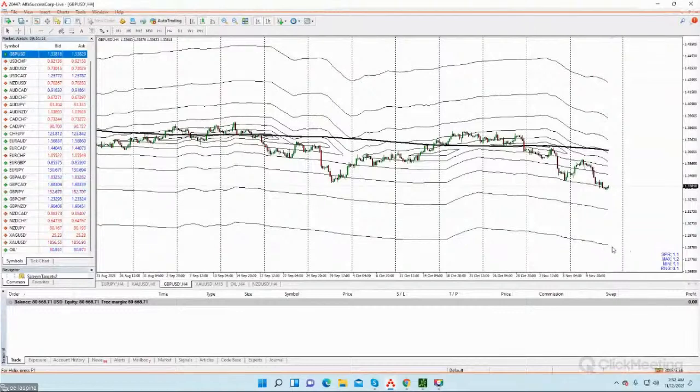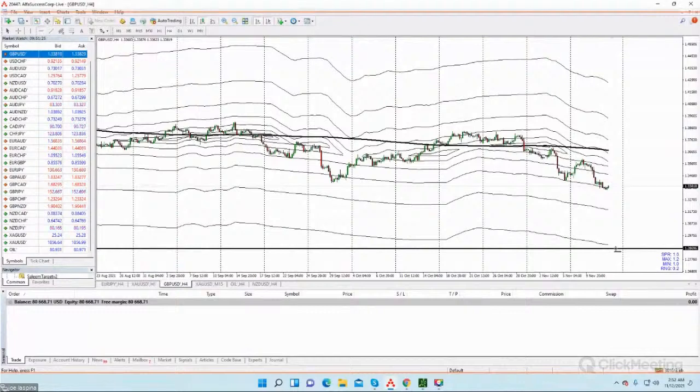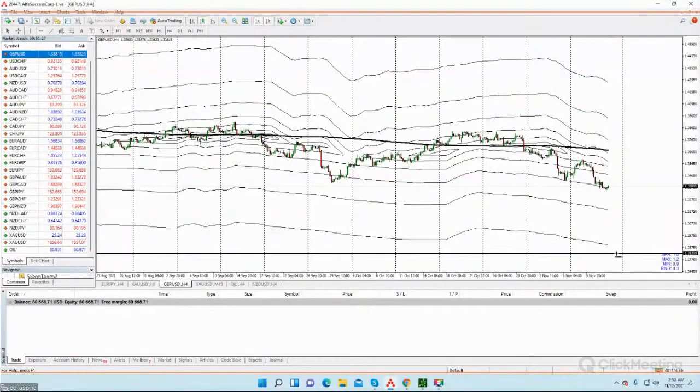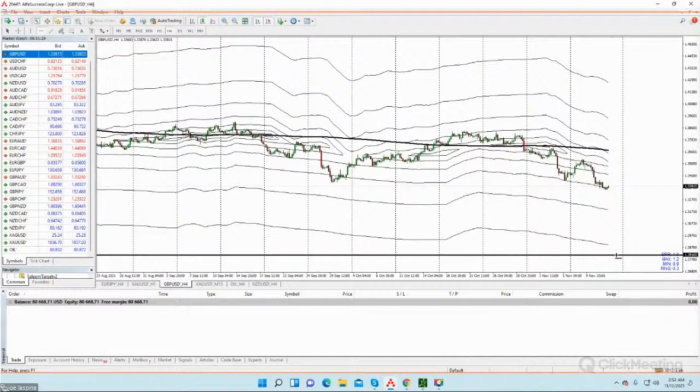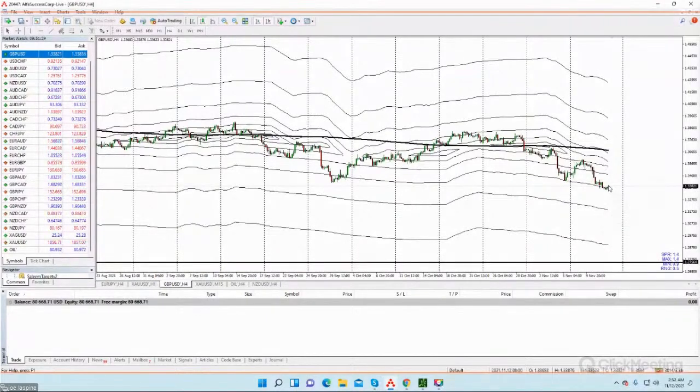His target is right here. 127.50. Now, if I get this information, how do I trade it? If the market rallies, I'll maybe sell. Market rally, maybe sell. And after a month or 2 or 3 months, this is his target right here. It's about 600 pips.